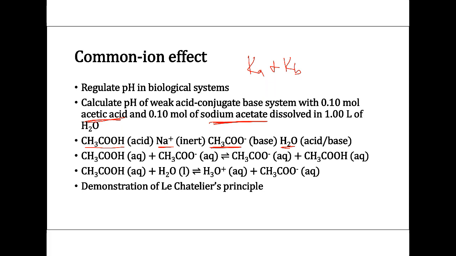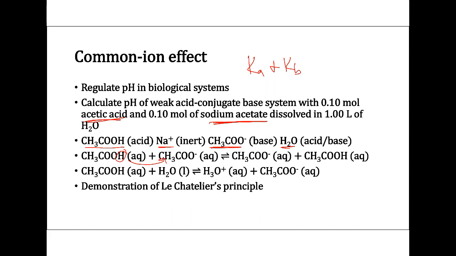So if we add acetic acid and sodium acetate, we're just going to have a proton transfer back and forth. Whatever acetic acid dissociates is going to end up reforming whenever that proton is transferred from here to here.